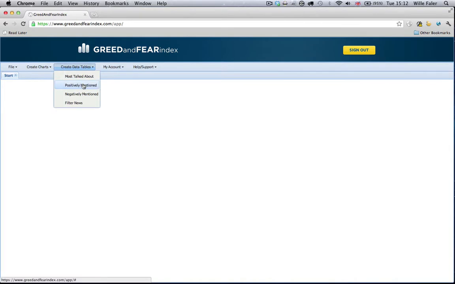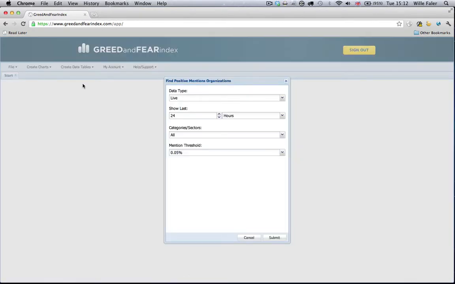Positive and negative mentions are very similar to the most talked about. But they're ordered by two things. One is order of positive mention, if we're looking at positive mentions, how positive the sentiment is around the company.